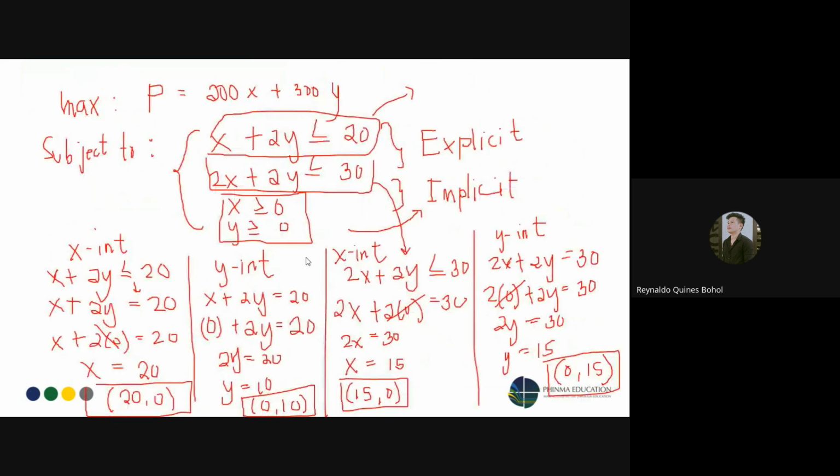Okay, so this is our, nakalimutan kong maglagay ng dito. Okay. Sige. 20 naman yun eh, so lagay ko 20. So the first 20, yung first equation natin ito, 20 and 20, 0 and 0, 10.